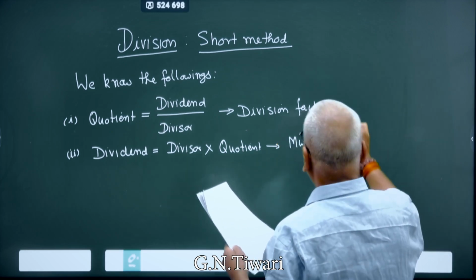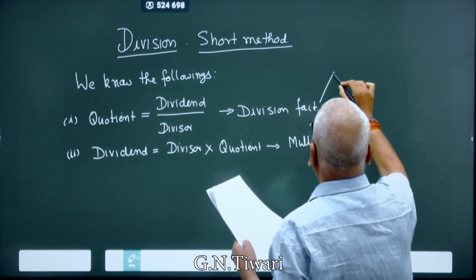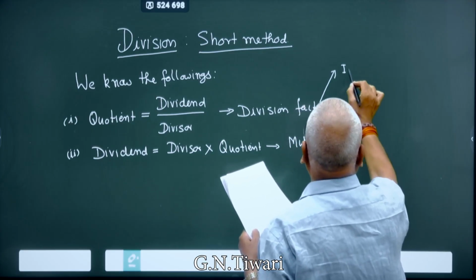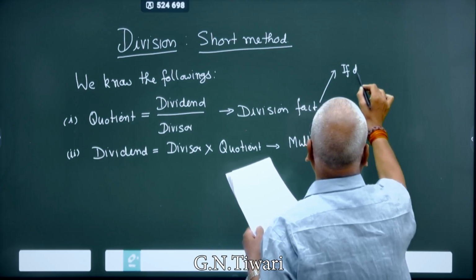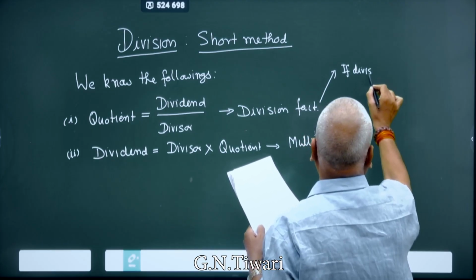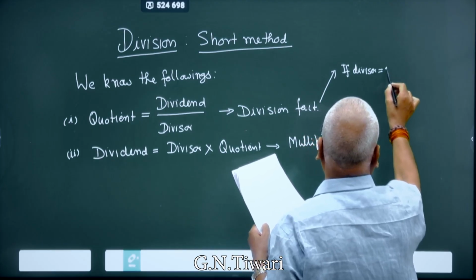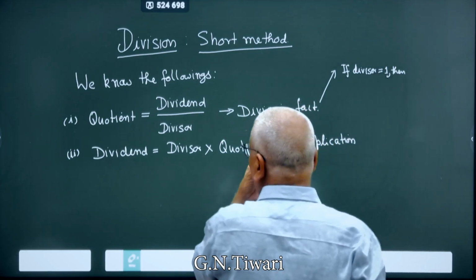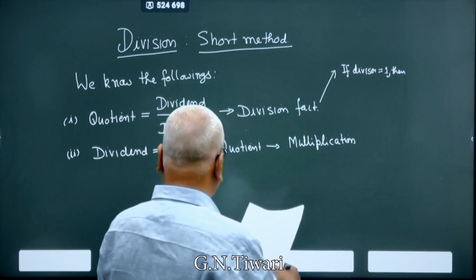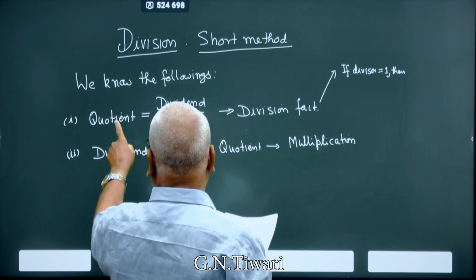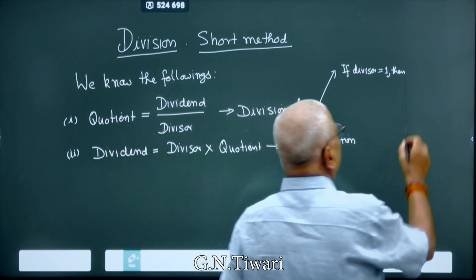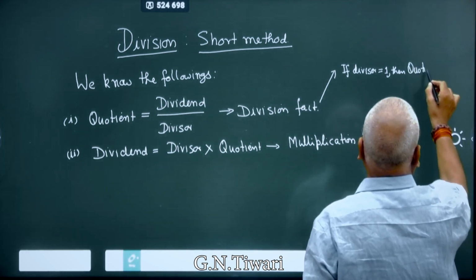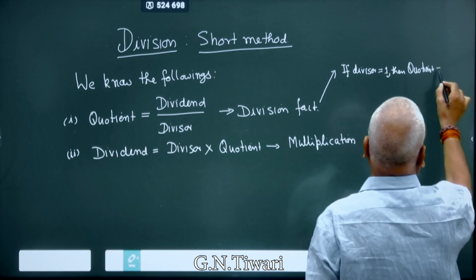There are two conditions. I am just writing them this way. If divisor is equal to 1, then ध्यान रखिएगा, quotient is equal to dividend.